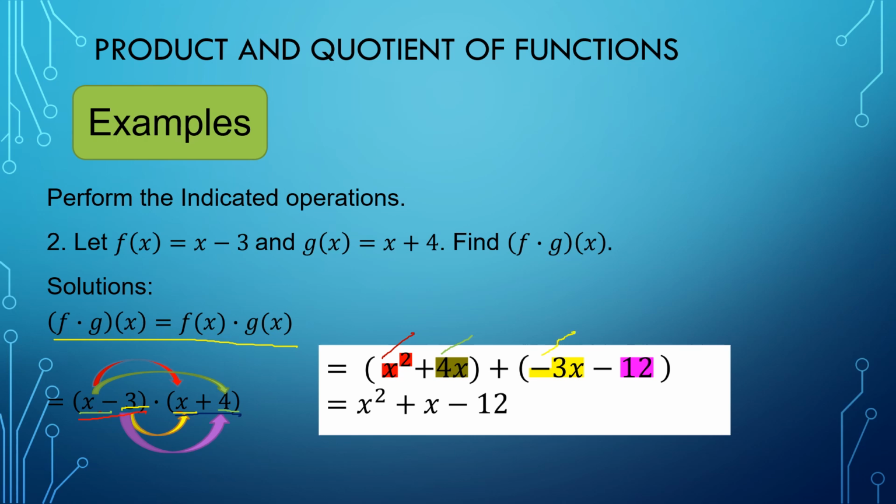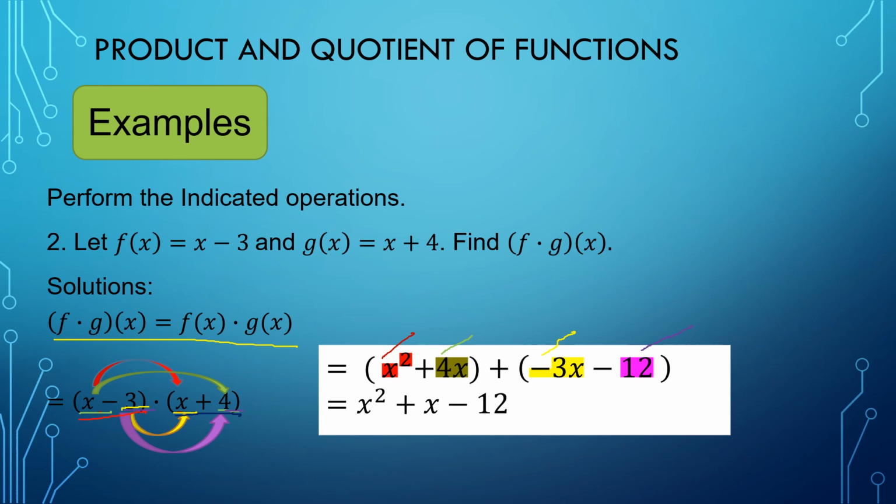Then last one, we have the pink one. The pink one ba yan or purple one? We have negative 3 times 4, that is negative 12.